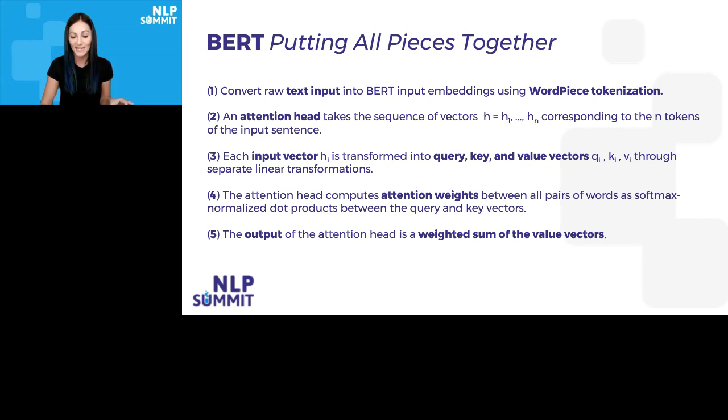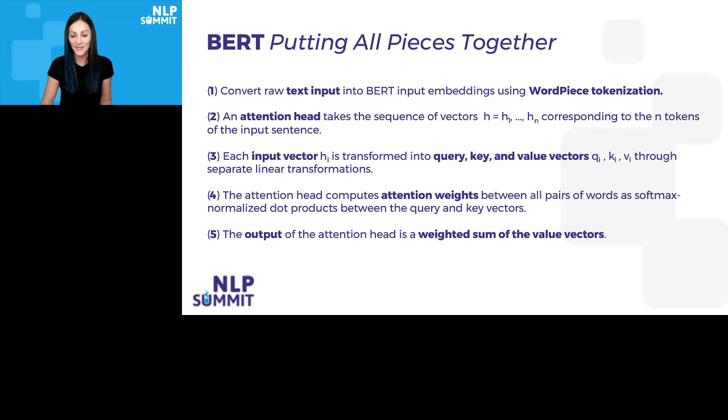The attention head then computes the attention weights between all pairs of words as softmax normalized dot products between query and key vectors. And the output of the attention head is then the weighted sum of all of the value vectors. All right, that was a crash course in how BERT works.